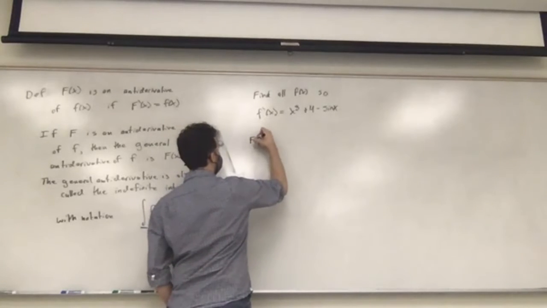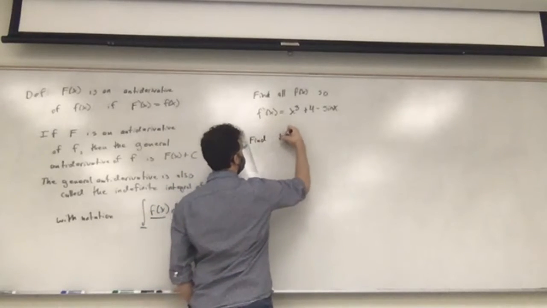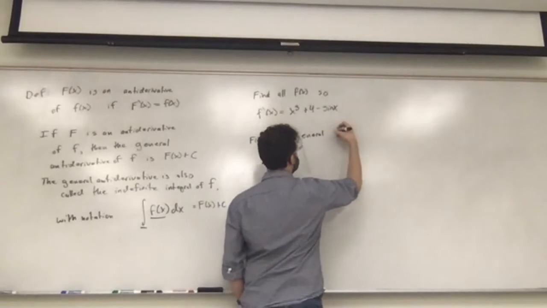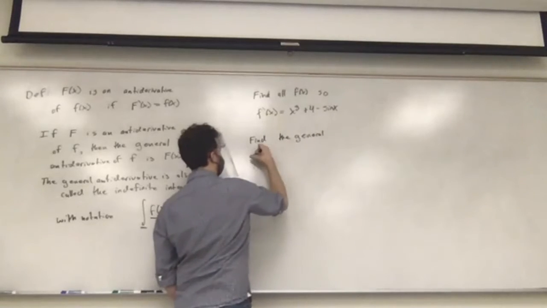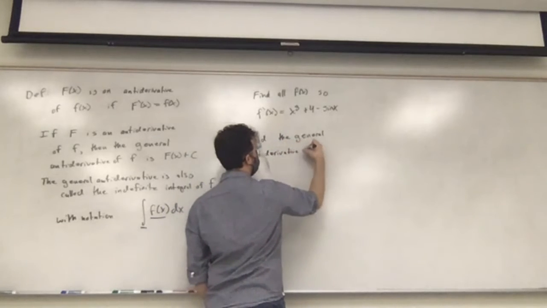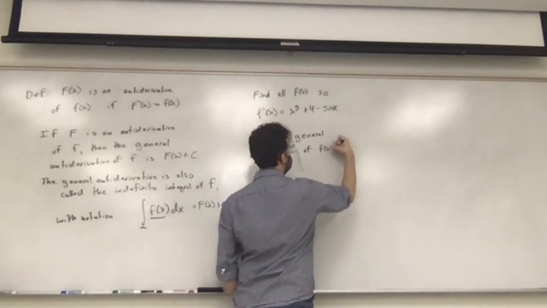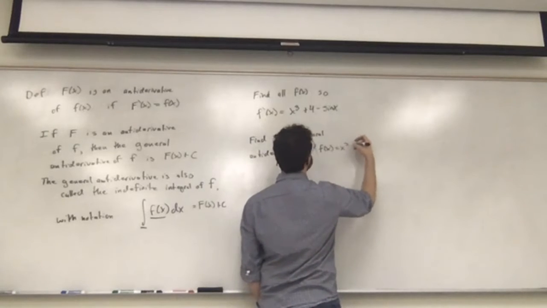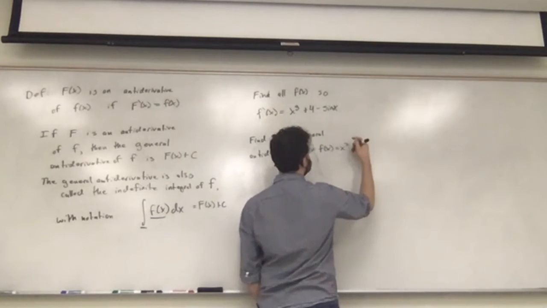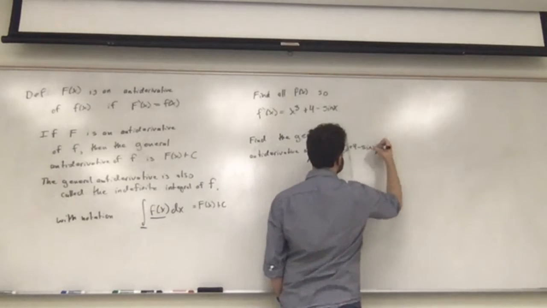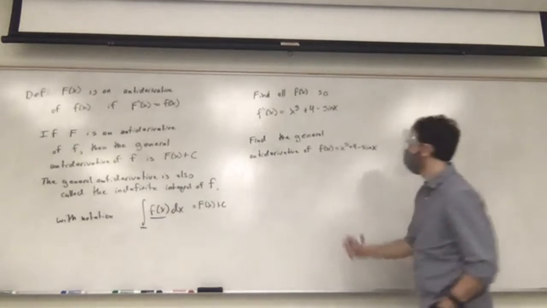Another way of phrasing this question is to find the general antiderivative of this function, x cubed plus 4 minus sine x.